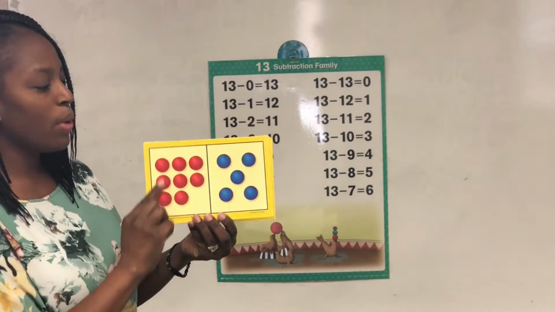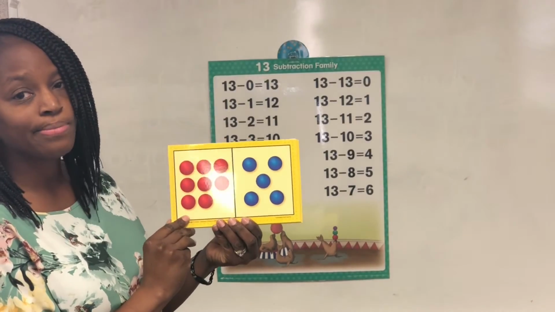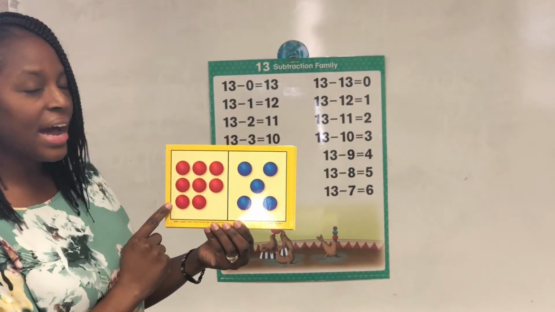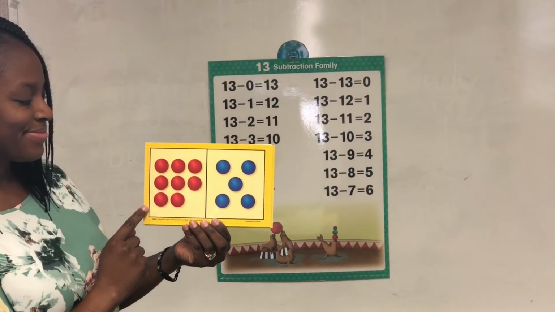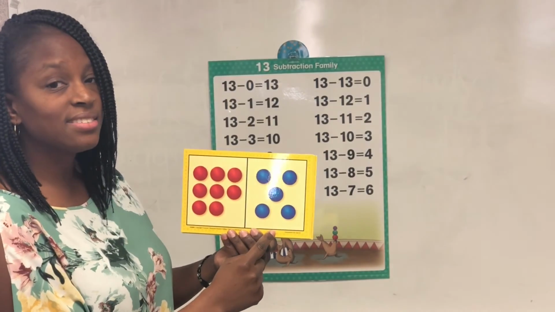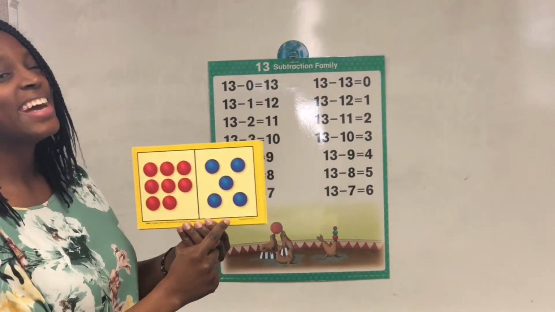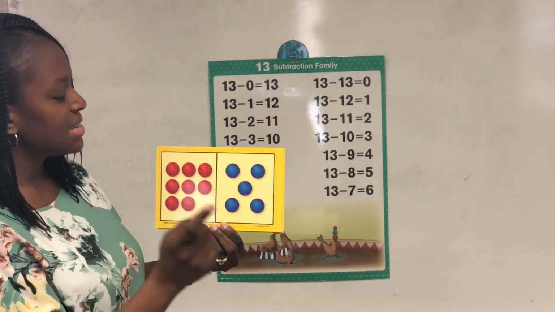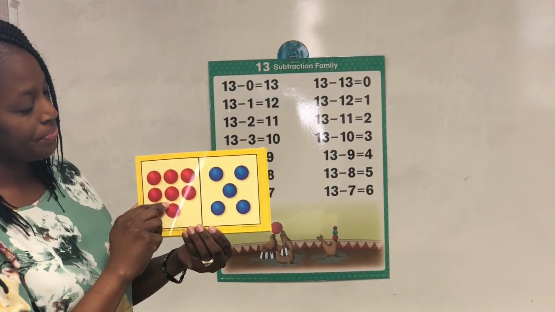How many dots do I have in all together? I have 13 dots minus the first square, 8, equals the second square, 5. 13 minus 8 equals 5.